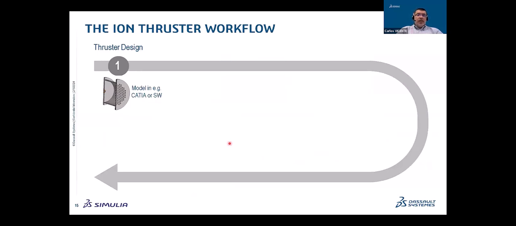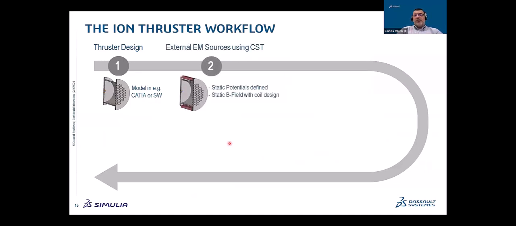First of all, you can generate the model inside, of course, CST, a parameterized model in CST, but you can also use our CAD tools like CATIA or SolidWorks. Okay, then once you have that, you have to define and apply the external electromagnetic sources and the potentials, and also the static magnetic field from the coil design. Before generating the plasma in the device, you can do a preliminary thruster design.